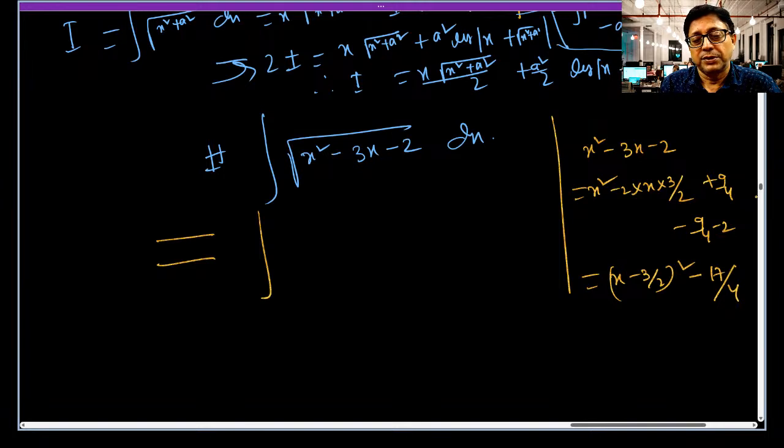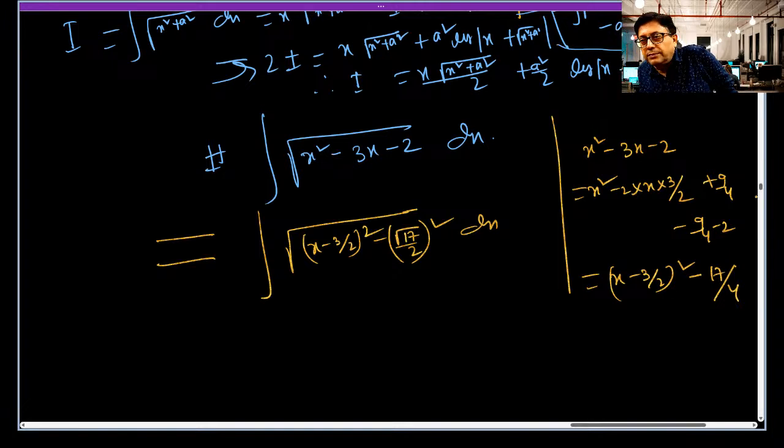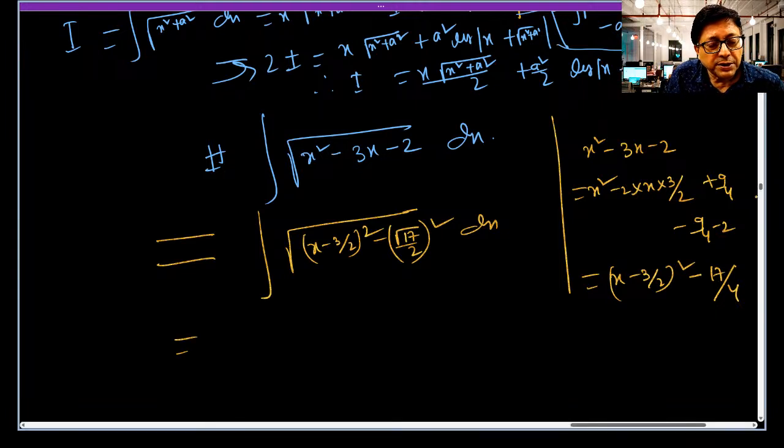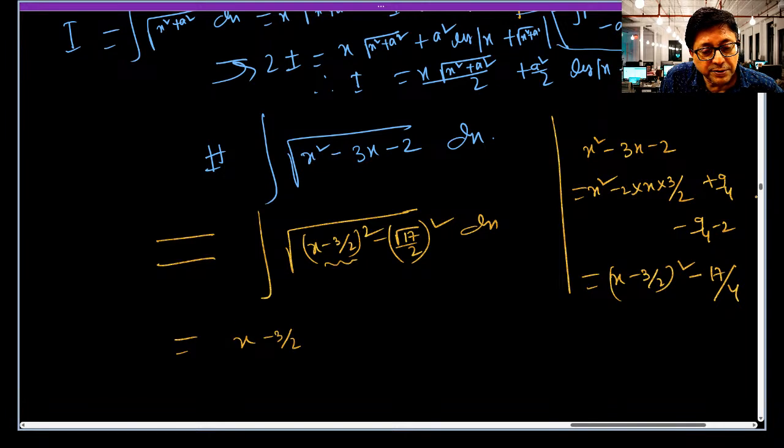Isn't it? So this will be under root. Check. This is okay. Now which form is this? X has no coefficient. Root over x square minus a square form. So this you write, in place of x there is x minus 3 by 2.